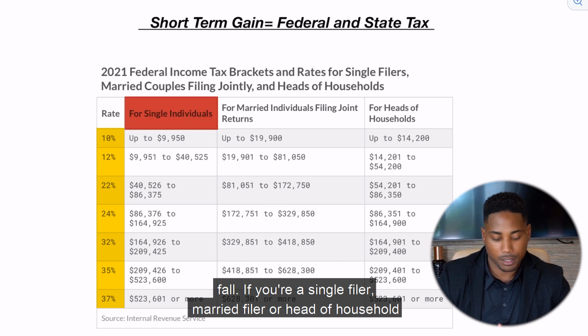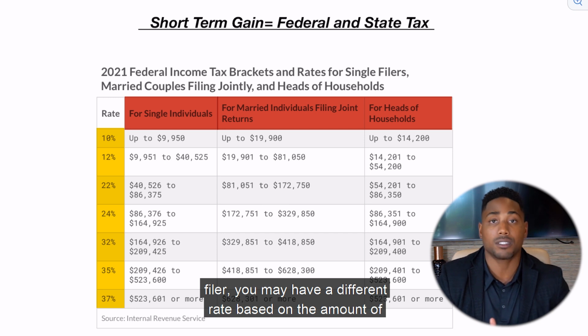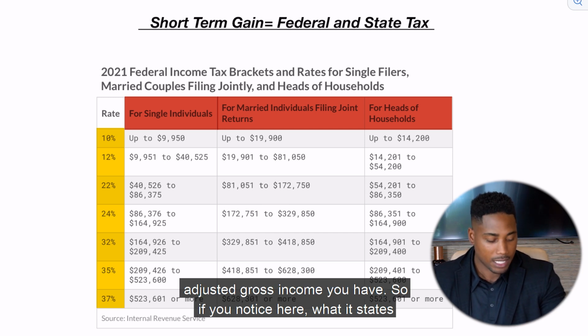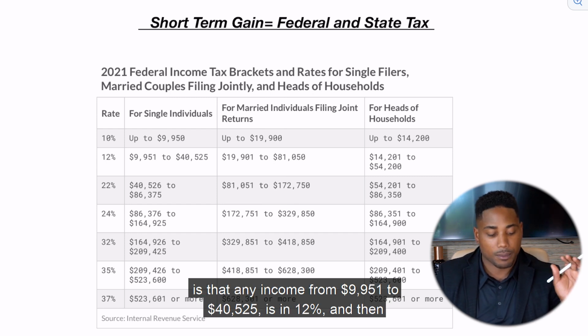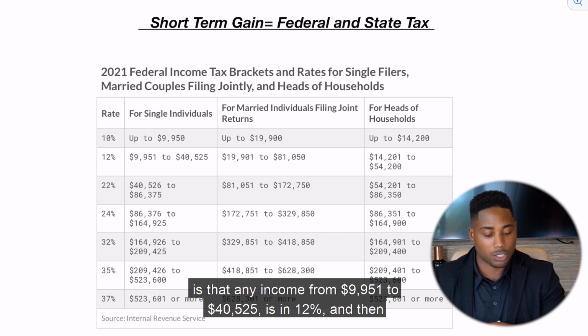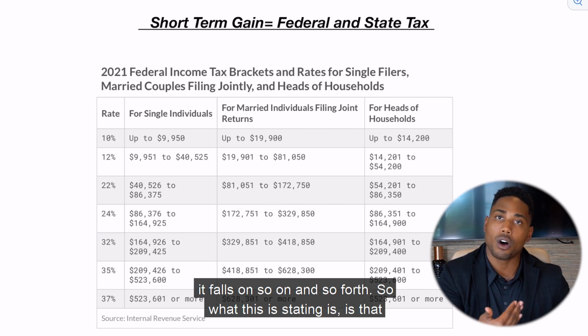If you're a single filer, a married filer, or a head of household filer, you may have a different rate based on the amount of adjusted gross income you have. So if you notice here, what it states is that any income from $9,951 to $40,525 is then 12%, and then it falls so on and so forth.